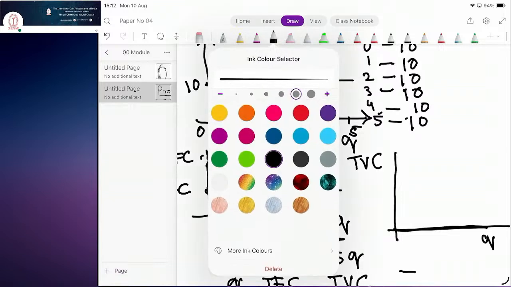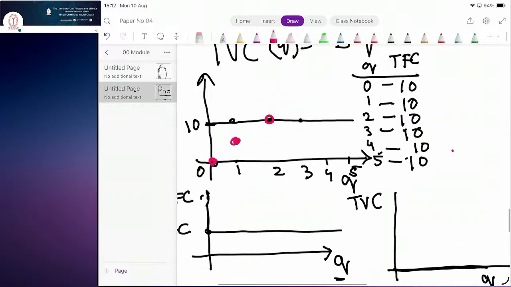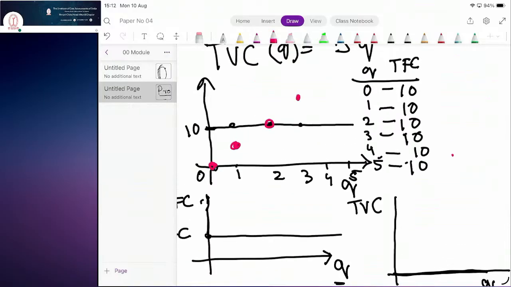I'm changing the color, which I can do because of this iPad. So this is 0, 5, 2 at 10, 3 at 15, 4 at 20 and 5 at 25.